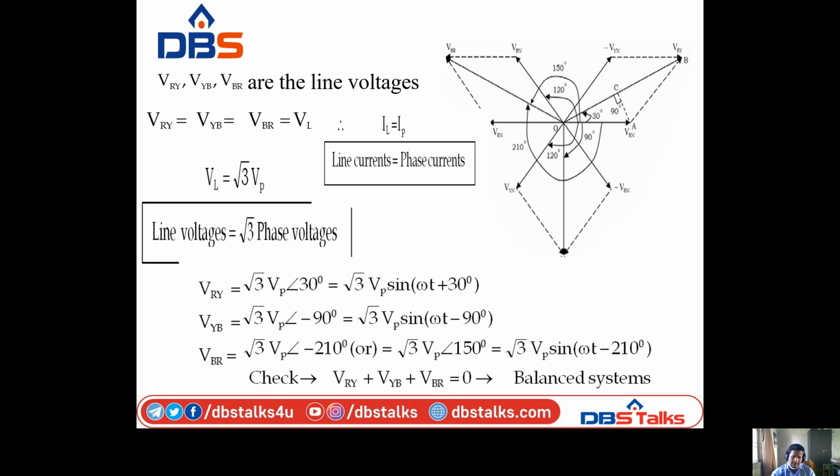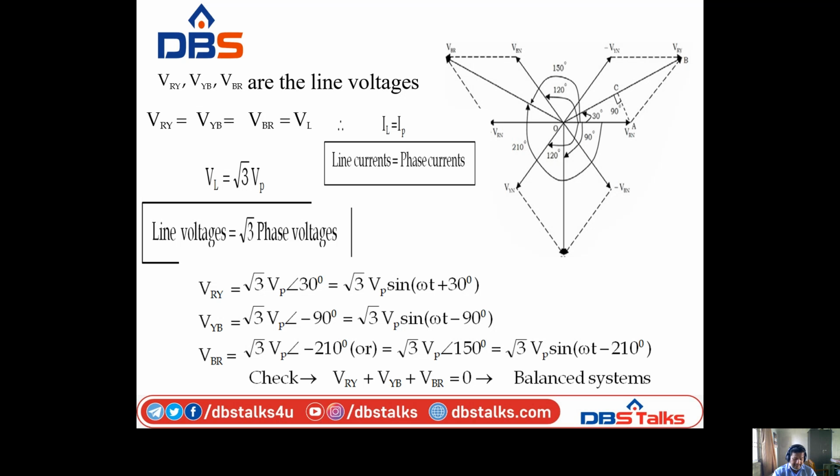Similarly, VBR is equal to VBN minus VRN. Similarly, VYB is equal to VYN minus VBN. Right? The line voltage VRY is obtained by adding VRN and the reversed vector of VYN.